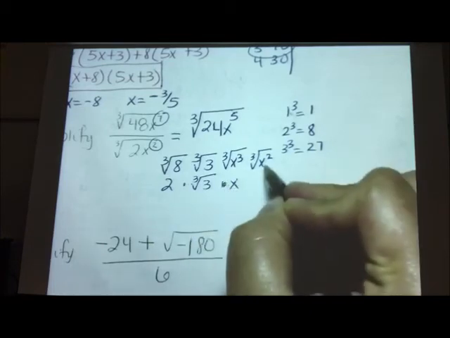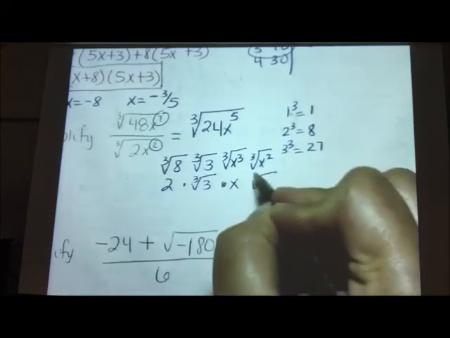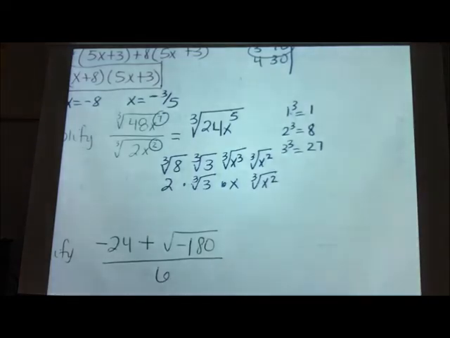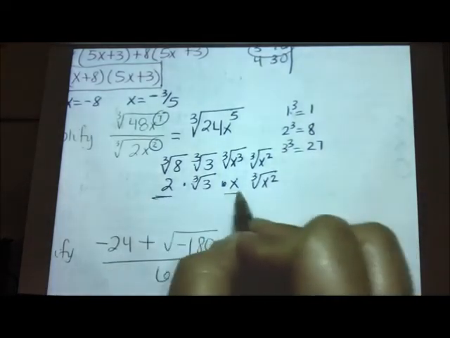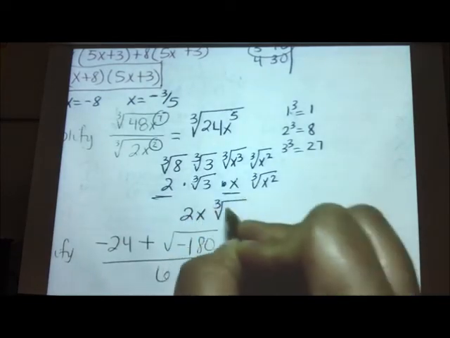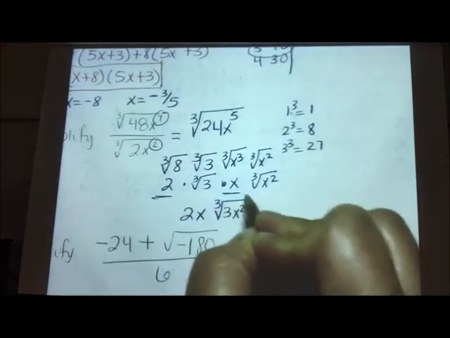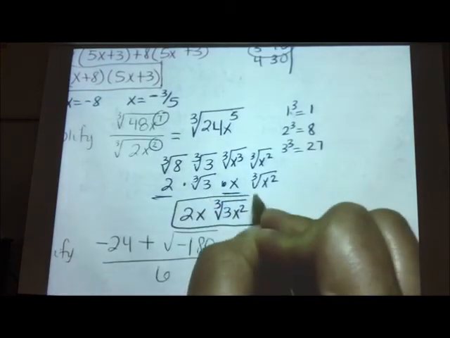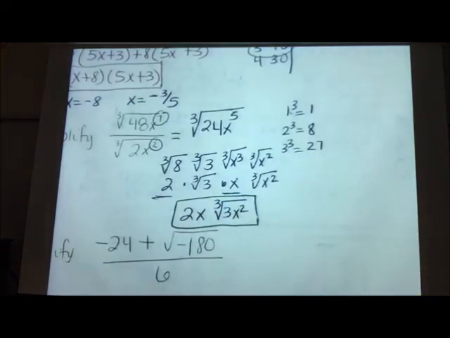Can I take a cube root of x squared? The answer is no. So we rearrange this to make it look correctly. These two have to be together, so this becomes 2x cube root of 3x squared. And this would be your final answer. So remember, your midterm is everything from the very beginning, and we talked about this.